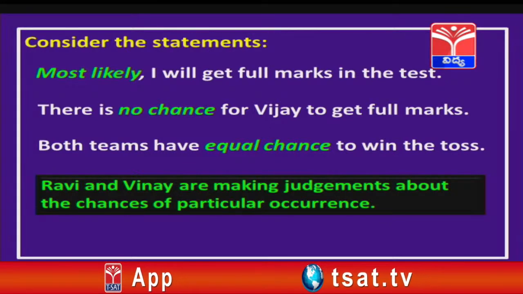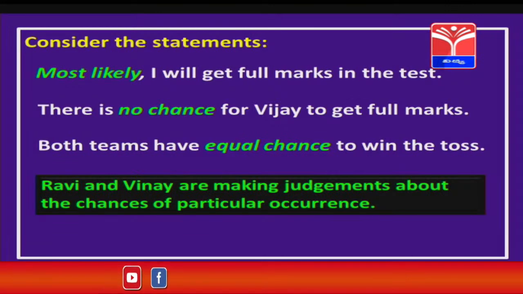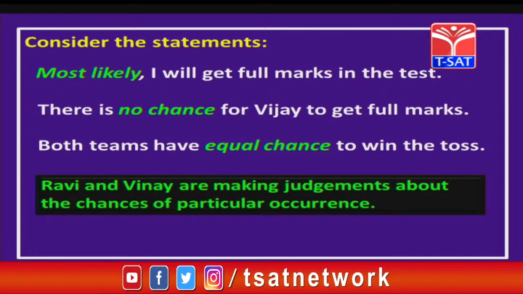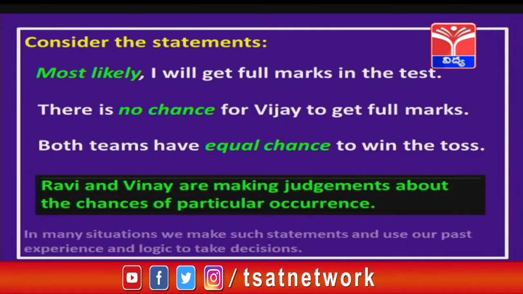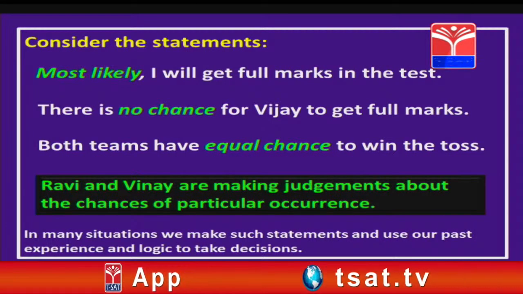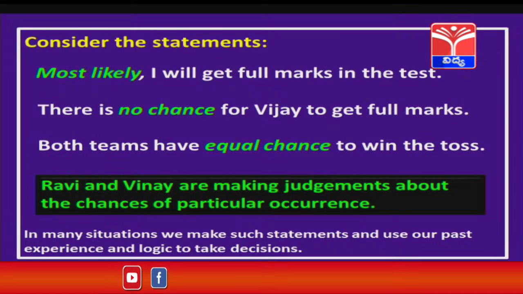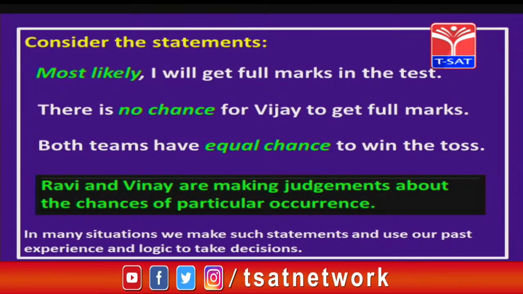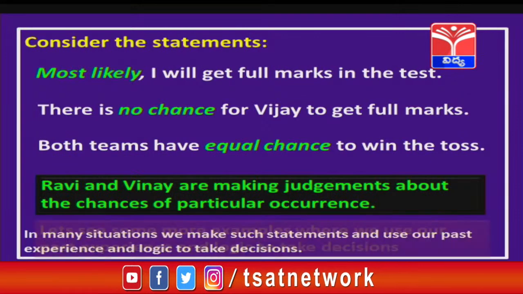That means, they are judging that they may get full marks or they may not get full marks, or both have the chance to win the toss, isn't it, children? So, in many situations we make such statements and use our past experience and logic to take decisions. To judge something we generally go with our past experience and also the logic we use.